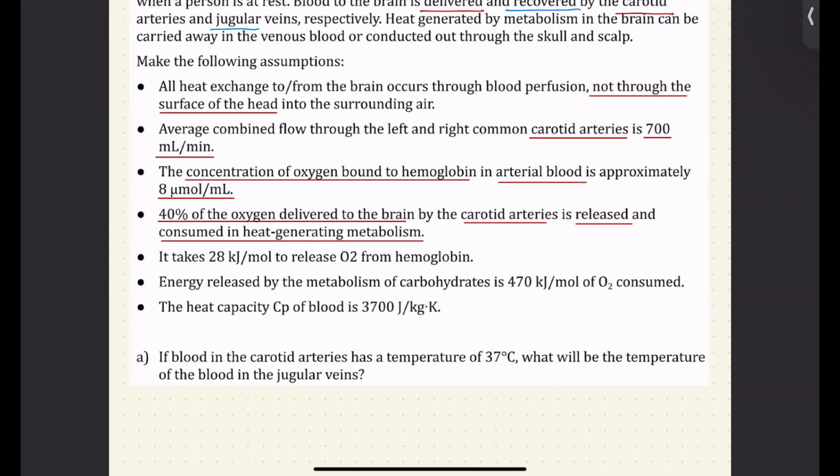Oh, I see heat generating, right? There's our first word. It talks about generation. Great. And it takes 28 kilojoules per mole to release oxygen from hemoglobin.